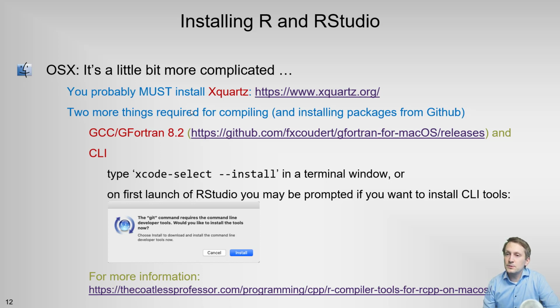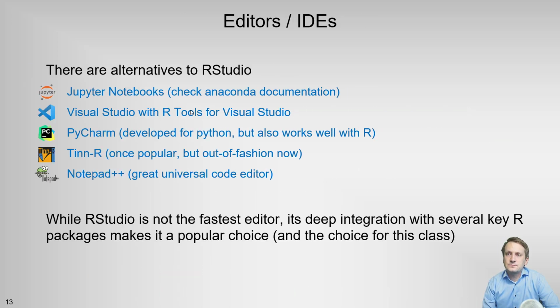RStudio will probably prompt you and help you to install that. If it doesn't, the simple command xcode-select --install in a terminal window of OS X will help you achieve that. I also put up a link with more details on these compilation tools for OS X. With each new version, there may be additional challenges, and usually that website is pretty much up to date on whatever is necessary.